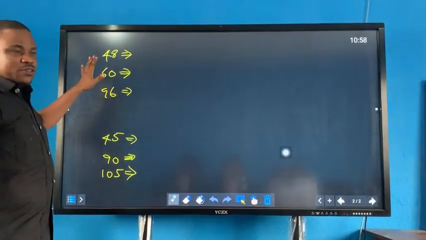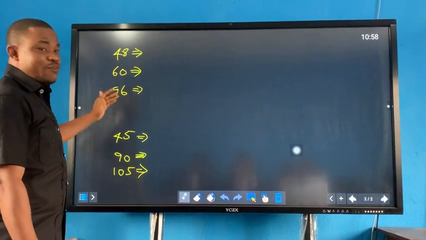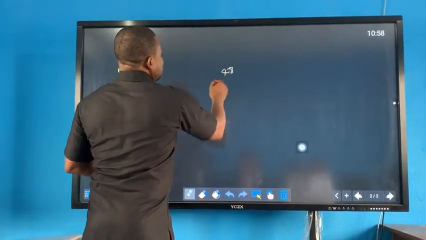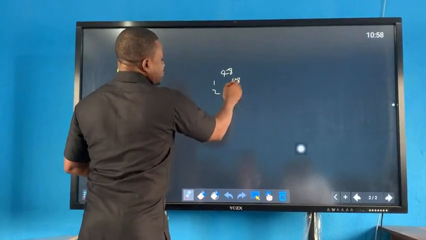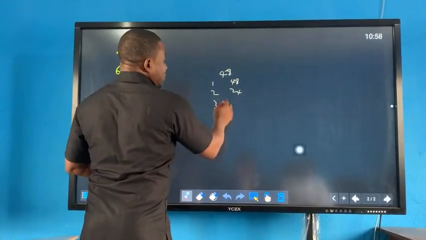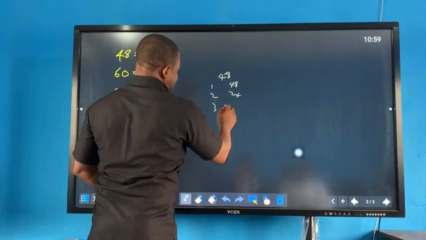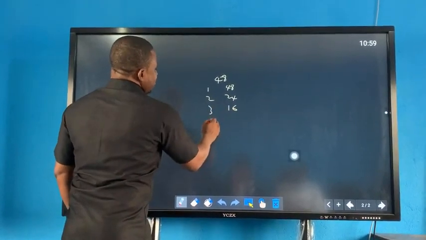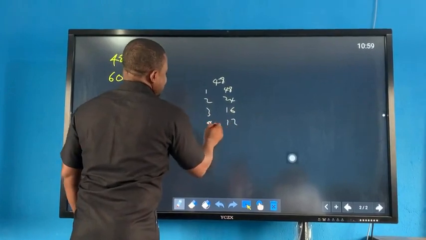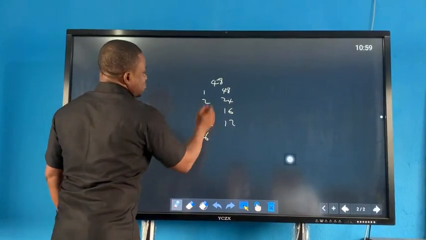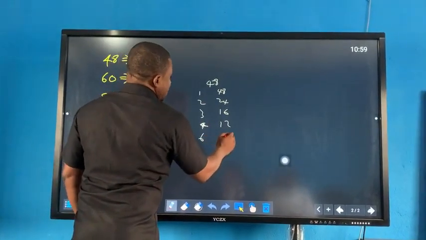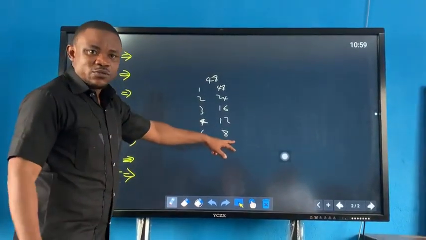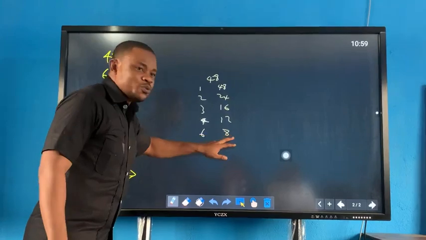Let's try this. I have 48, 60, and 96. So for 48, I know it's 1 and 48, 2 and 24, 3 and 16, 4 into this is 12. 5 cannot go. 6 into 48 is 8. 7 cannot go. 8 is already here, so I stop.